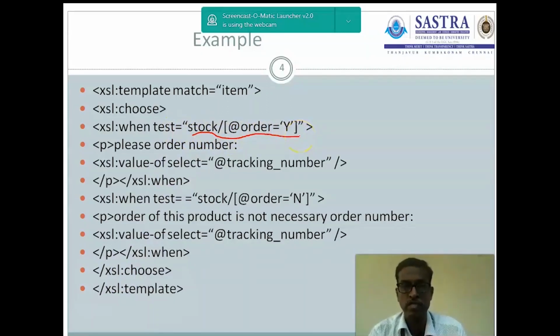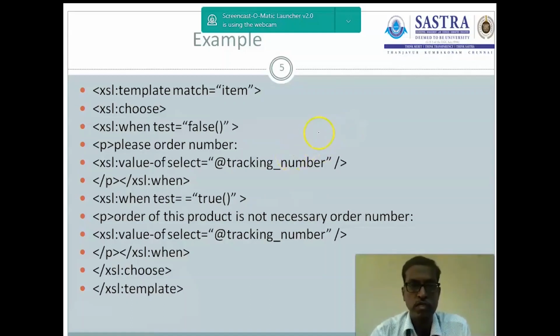Not only here, in the second test condition also, we need to replace this test expression by means of false and true. See, the first test expression is converted into false. We are using the boolean function during the testing phase only. We need to check all paths, whether it is working or not, or which path you want to test. Based on that, you can test the path using the boolean function true or false. After that, you can replace this boolean function with a normal condition or normal expression. So up to this, the boolean representation is over.